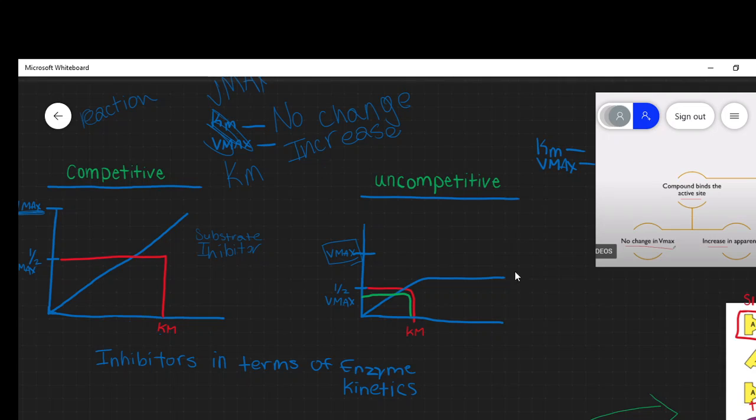So we look at these graphs. Here in non-competitive, if you notice, these red and blue lines are practically the same. And so this blue line is showing how Vmax has been decreased, because no matter how much substrate concentration there is, which is the x-axis, this horizontal line, the Vmax is decreased because the inhibitor is able to bond at any time and stop it.